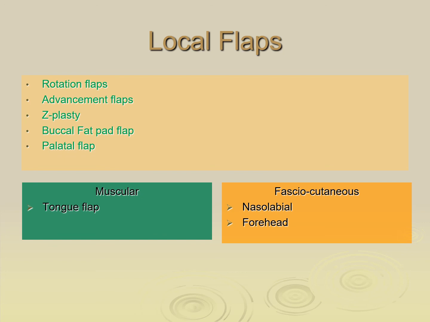Rotation flap, advancement flap, and the buccal fat pad that we take from the buccal pad to reconstruct the cheek region. Palatal flap, rotation of the palatal flap. Muscular is the tongue flap. Fasciocutaneous is the nasolabial and the forehead flap.